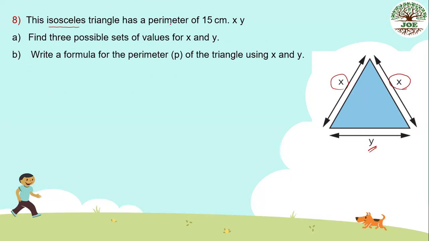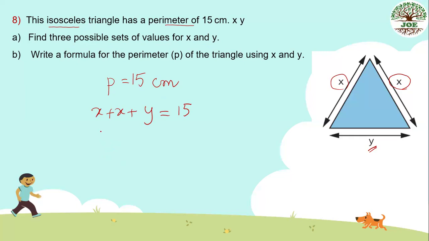And this triangle has a perimeter of 15 centimeters. Perimeter is the sum of all sides. So x plus x plus y is 15. Find 3 possible sets of values for x and y. Let's see if our x is 3.